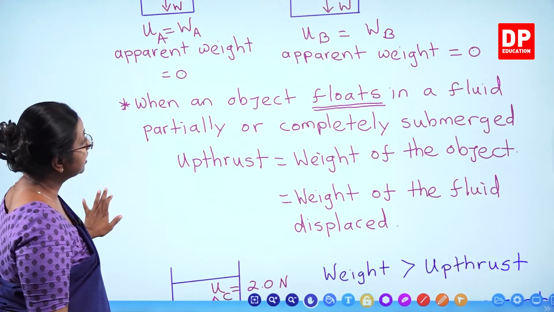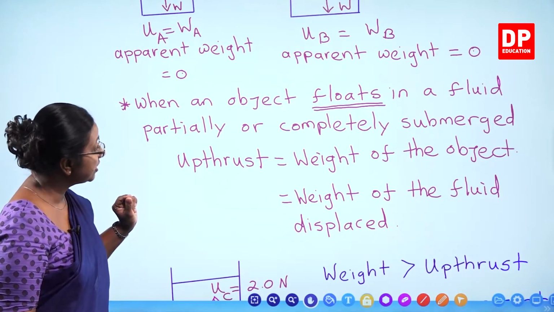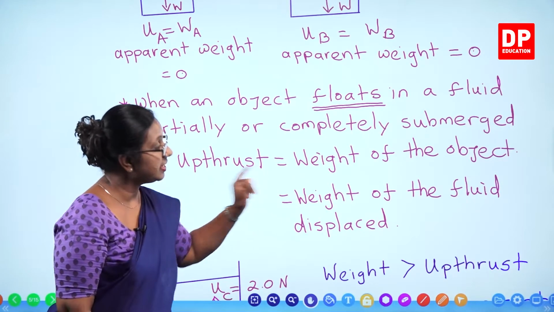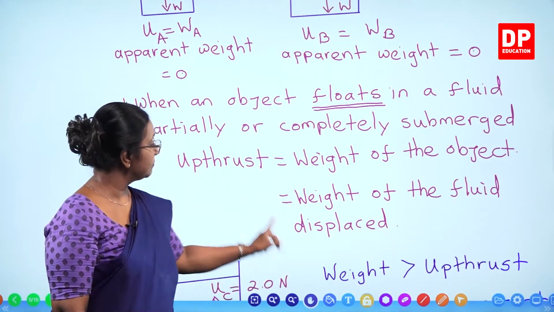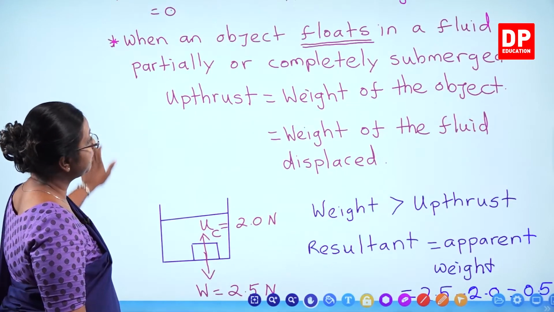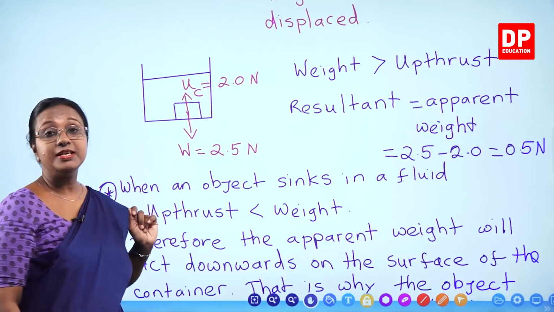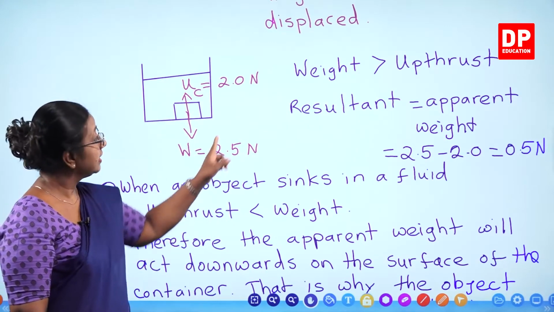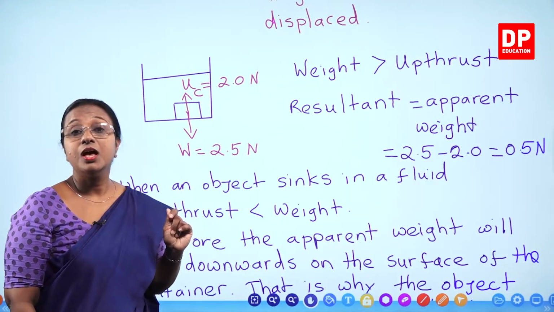So from that I told you all, we can understand and conclude when an object floats in a fluid, partially or completely submerged, upthrust is equal to weight of the object, but we already know weight of the fluid displaced is equal to upthrust. The same way, if we look at the last instance, where the object sinks in water, there of course weight is greater than upthrust. The difference between the two, weight and upthrust, is what we read as apparent weight.